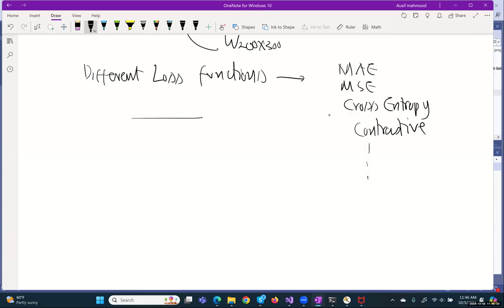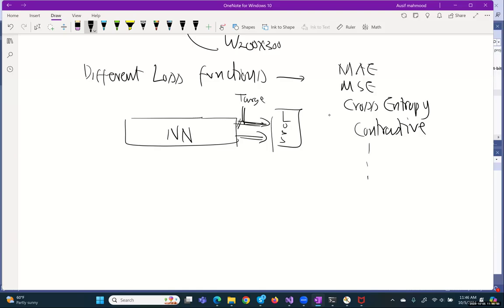And as we discussed, if this is our neural network, whatever the outputs are being produced, the targets will be coming from our target, not from here. Okay, and we'll go into a loss function, and this loss function could be any one of these. Depending upon the loss function, as we go backwards, you'll see the gradients will be affected.